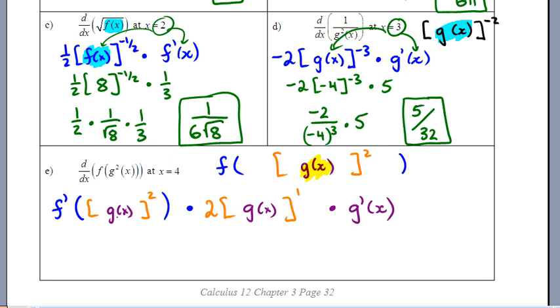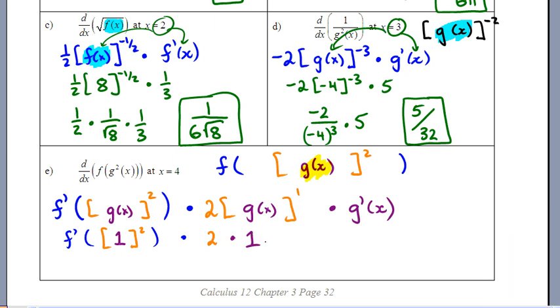So what is g of 4? Looks like that's going to be a 1, and it's going to get squared. And then we're going to do f prime of that. Looking down the road, g of 4 is a 1 to the first power, so that's 2 times 1.